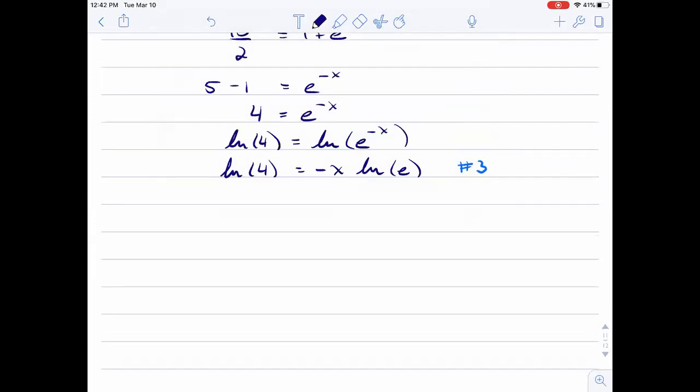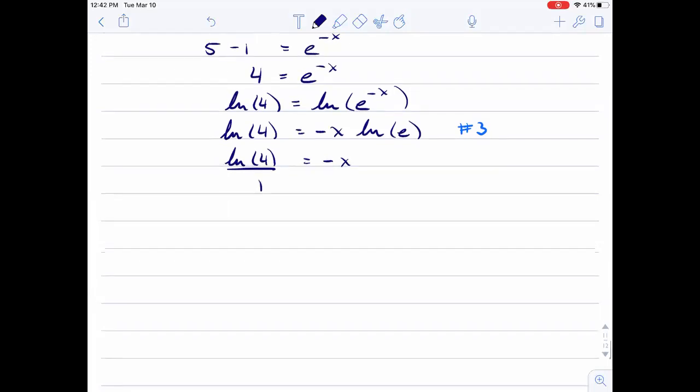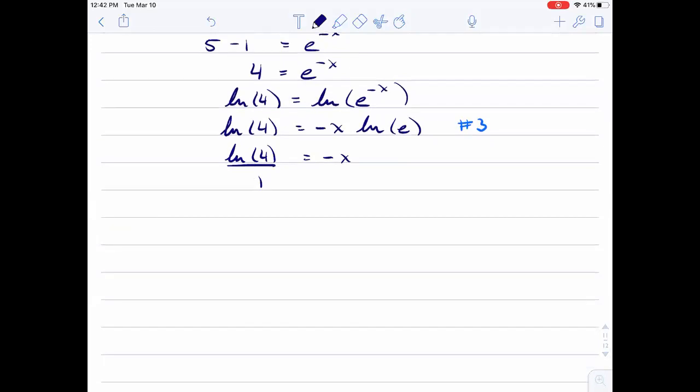Now I can solve for x, right? The natural log of e, if you use your calculator, you should just find that it's 1. The natural log of e is just 1. So just make sure that's what you're getting. But then I have the natural log of 4 divided by 1 is negative x. I have to bring that negative over if I want to be proper.